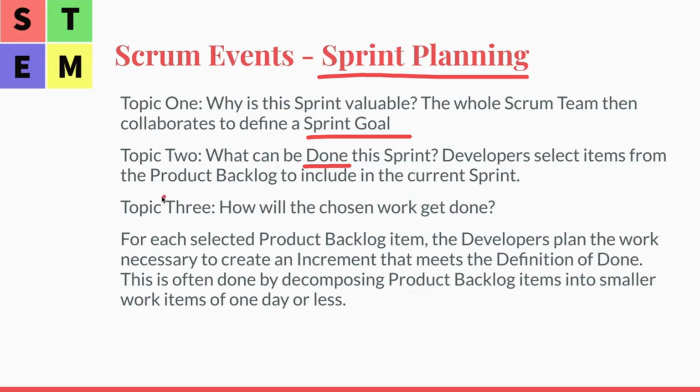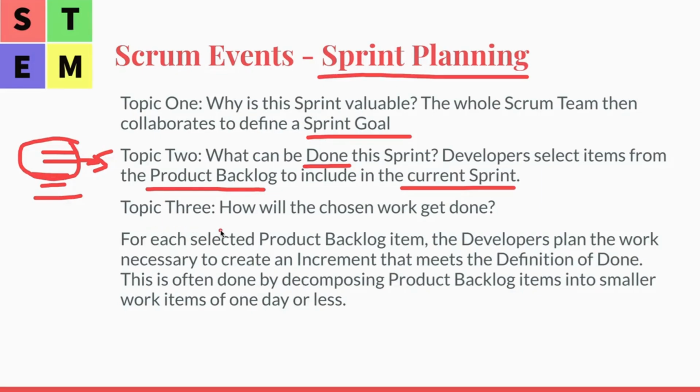Developers select items from the product backlog to include in the current sprint. If you remember the graph I showed, first we got a list of product backlog items, and then we pick certain items and put them into a sprint.